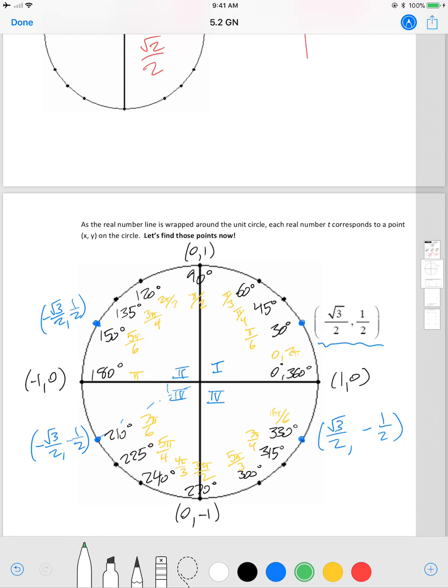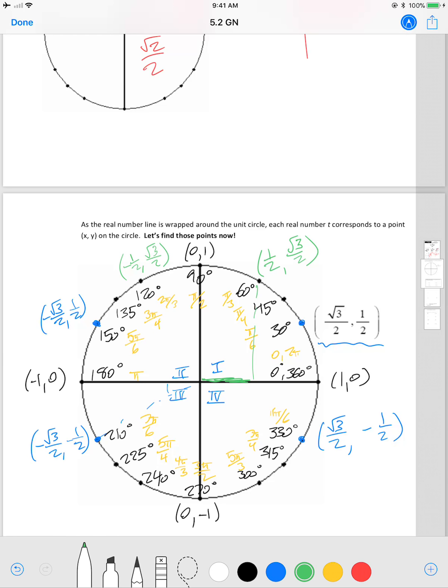Okay. So we filled in the 30-degree angle points. Now we can fill in the coordinates for the 60-degree angles, the pi over 3. So here, this time I'm going over 1/2 and then up square root of 3 over 2. And just like I did with 30-degree angles, I'm going to look and see here x is negative, y is positive, so it's the same coordinates.